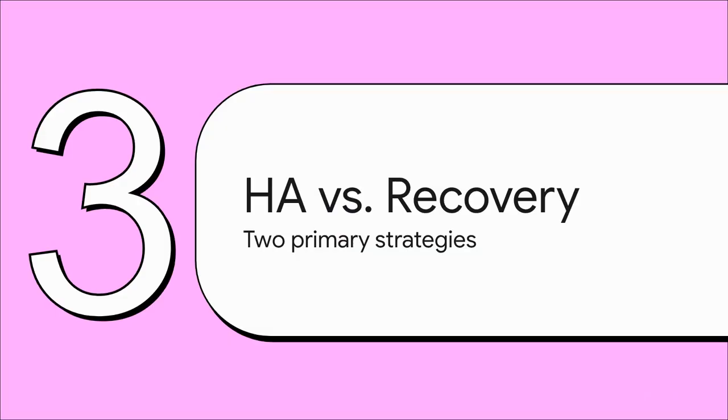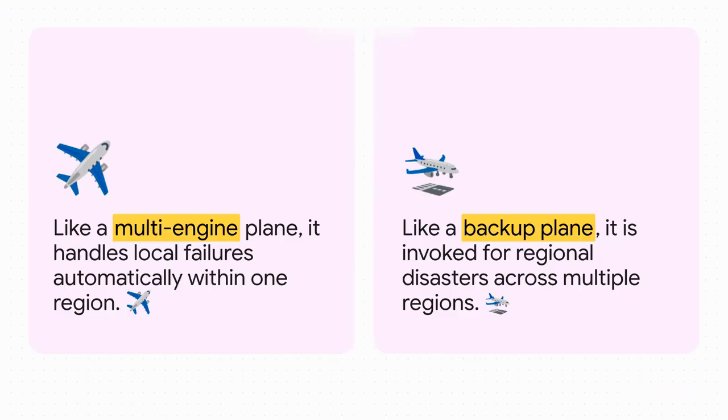All right, so now that we have our RPO and RTO defined, we can start looking at the 2 main strategies for actually hitting those targets: high availability and disaster recovery. They might sound similar, but they protect you from very, very different kinds of problems. This analogy honestly makes it so clear. Think of high availability, or HA, as a multi-engine plane. If one engine fails mid-flight, the other engines just take over automatically, and the plane keeps on flying.